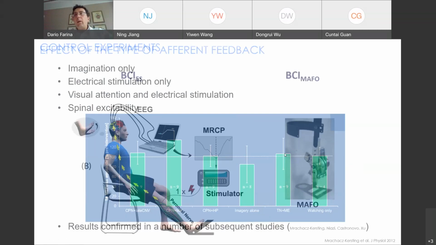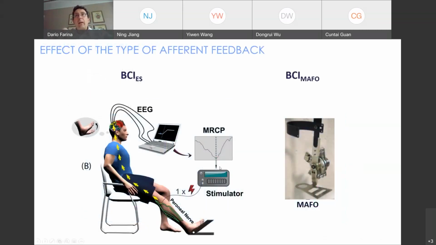So then we went on by looking at the same paradigm and now asking ourselves if we could induce similar changes in cortical excitability with a different way to induce an afferent feedback. So instead of providing a single electrical stimulation pulse, we had experiments looking at triggering the movement of the foot through a motorized ankle-foot orthosis that you can see here.